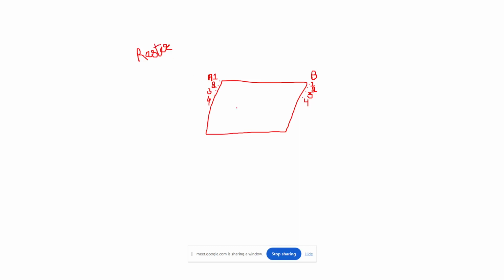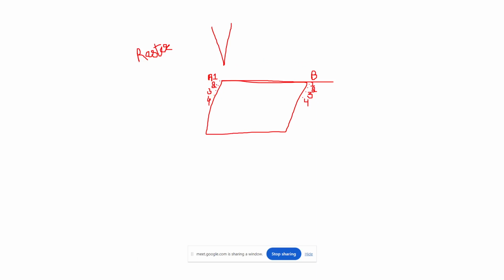So what does raster scanning mean? The electron beam is coming like this. It will scan starting from point A1, it will go to point B1, and then it will pull up and come back to point A2. While going from point A1 to B1 it is doing scanning, but while going from point B1 to A2 it is not doing any scanning.